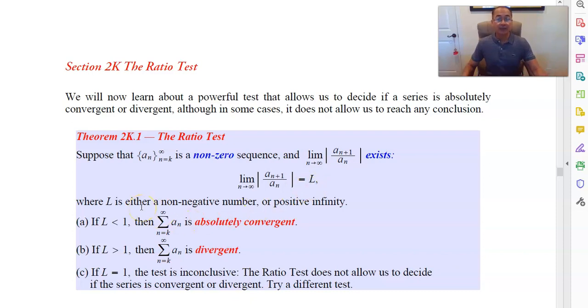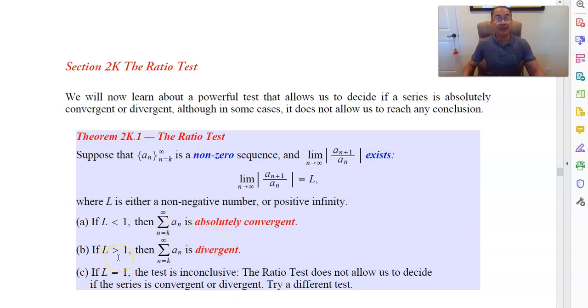This limit will either be 0 or a positive number or even positive infinity. If the limit is smaller than 1, which includes 0, then our series is absolutely convergent. Notice that we don't bother putting absolute values around a_n because part of the definition says that the series with absolute values is convergent.